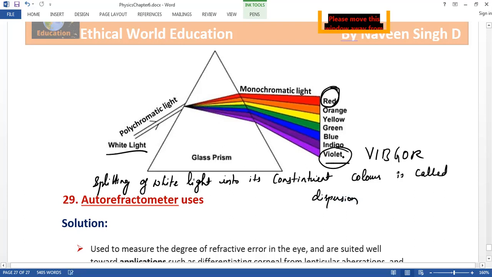The most deviated is violet and the least deviated is red. This is the complete information about dispersion.